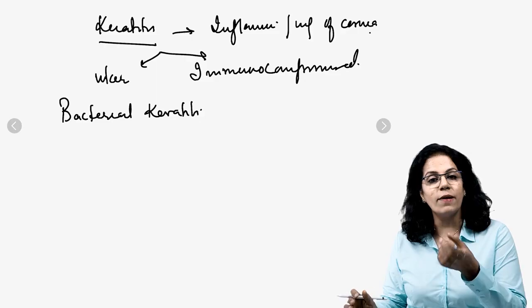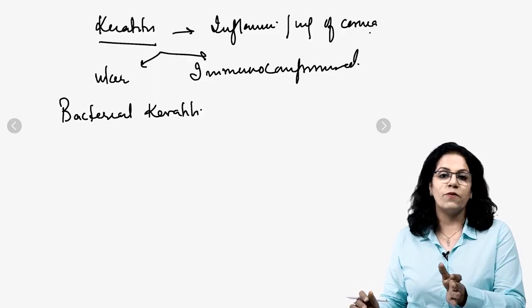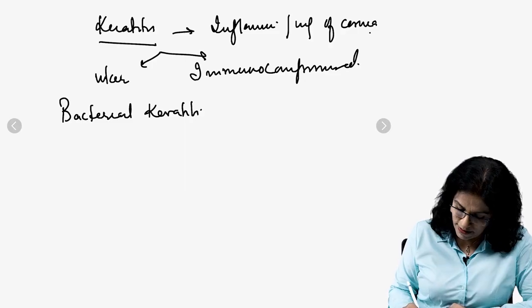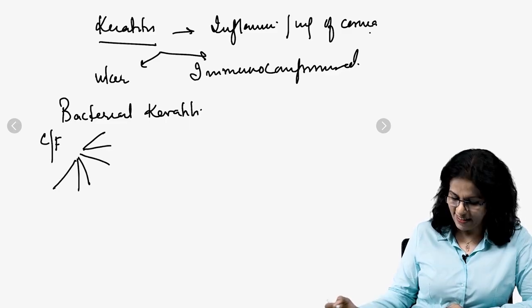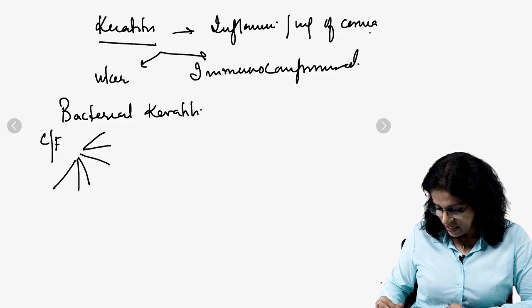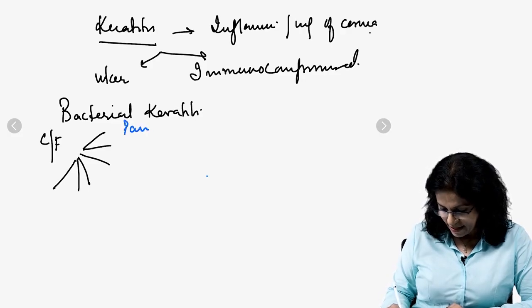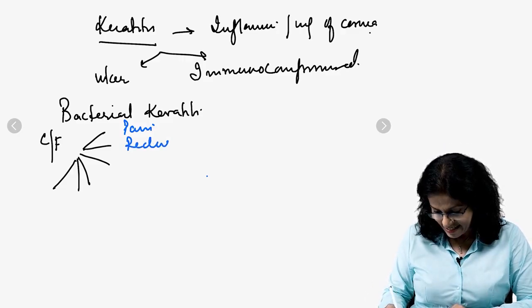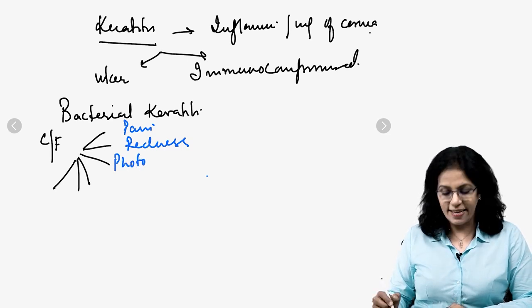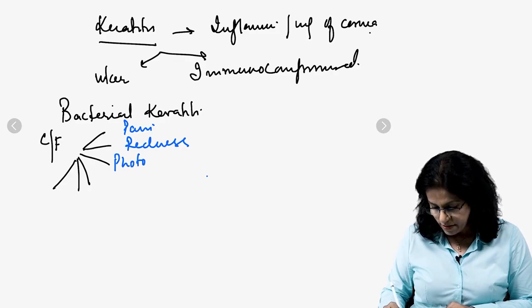There may be some mild variation, but this is what we have to learn. To make life simple, the clinical features which fit everywhere, the presenting features, let's make the 6 fingers. One is your pain, always there, redness, and photophobia. So, I am talking about any keratitis, photophobia.